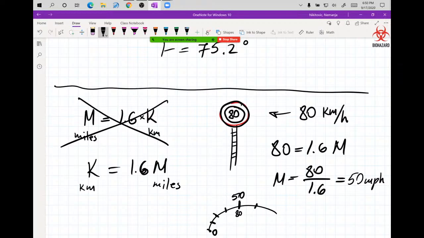So 0 obviously matches for all of them. You'll have a couple of these tick marks that match along the way. So the top scale usually is miles per hour, and the bottom scale is kilometers per hour.